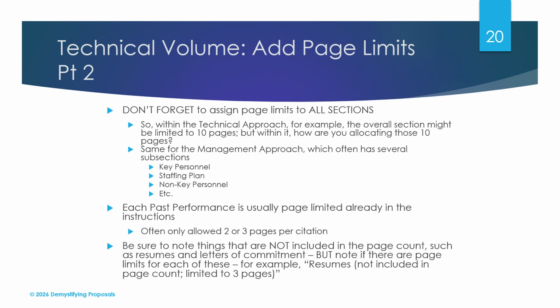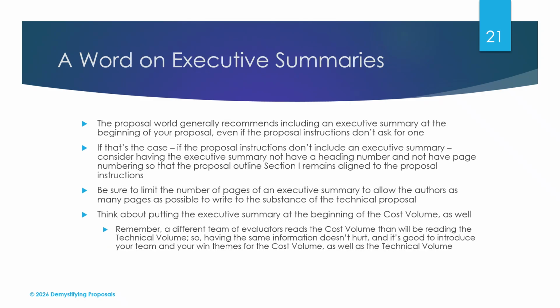So for example, quote, resumes, open parens, not included in page count, limited to 3 pages, close parens. This means that resumes are not included in the overall page count for the proposal, but they are limited to 3 pages each.